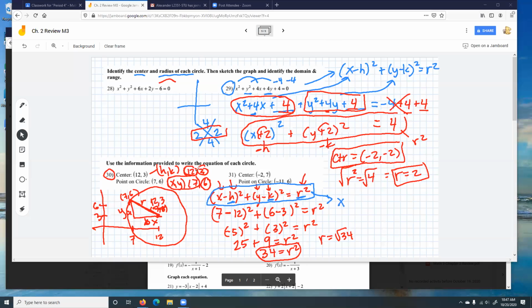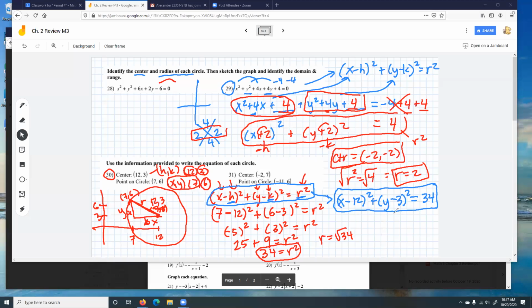My h is 12. (x - 12) squared plus (y - k), my k is 3, so (y - 3) squared. Don't forget to square both the x's and the y's when you do circles. Equals 34. Okay? (x - 12) squared plus (y - 3) squared equals 34 for your equation.